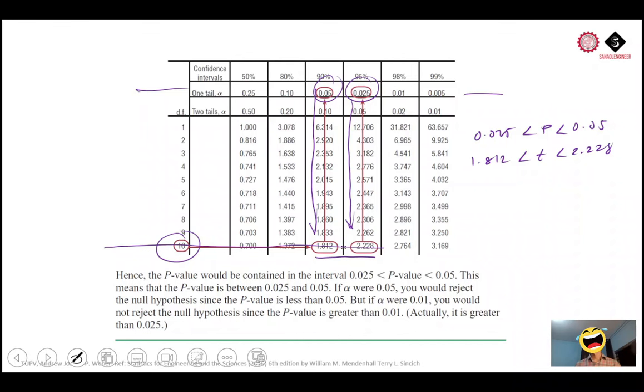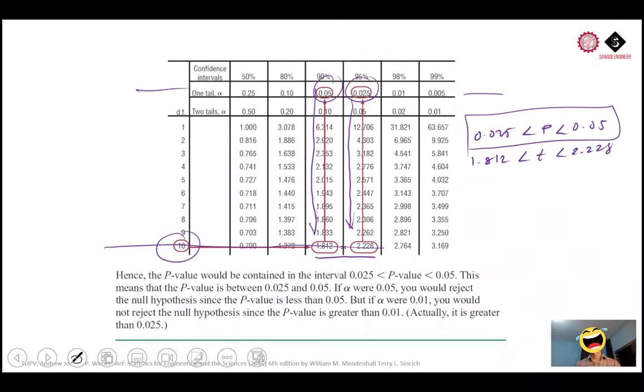But there is no need for that, because we can still conclude whether to reject or accept the null hypothesis by simply comparing whether it falls within certain values of significance level.